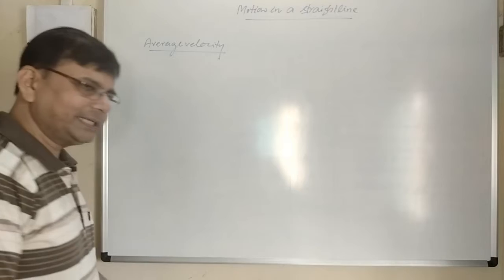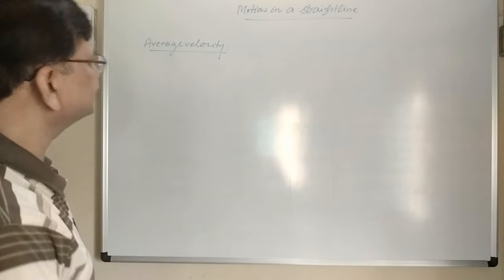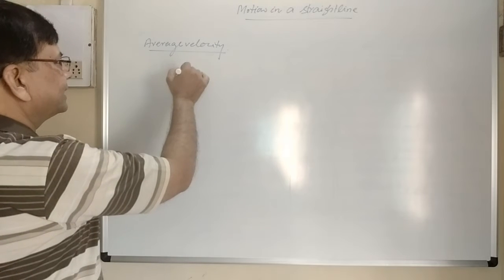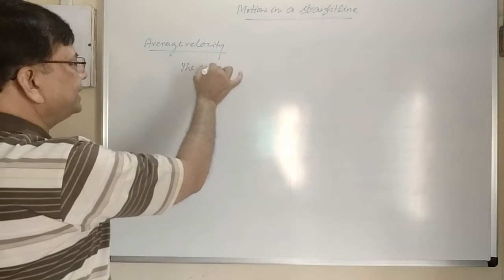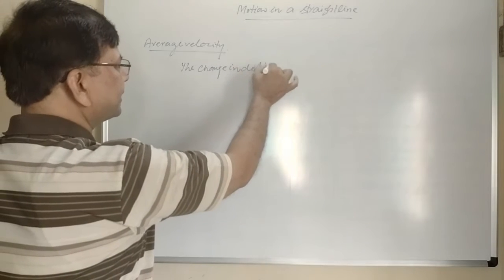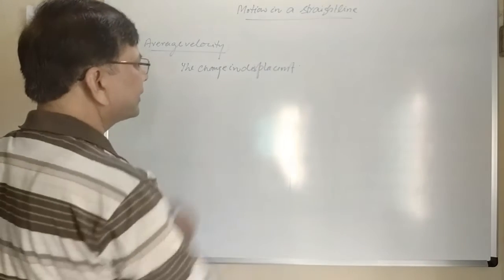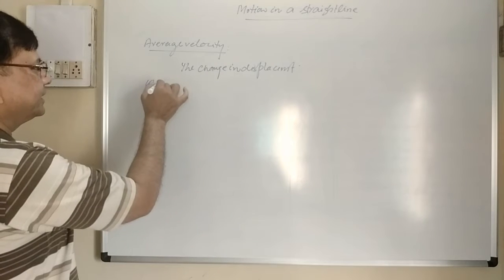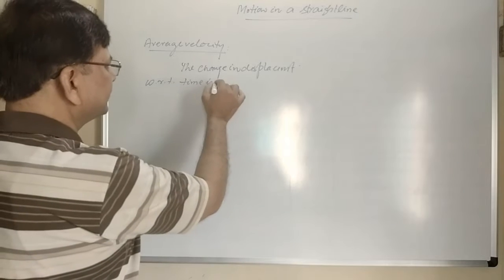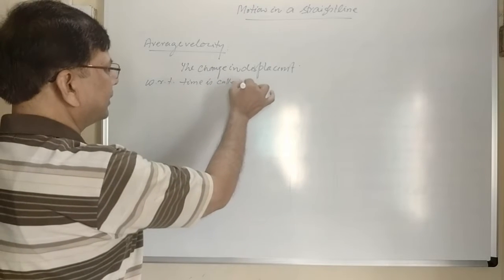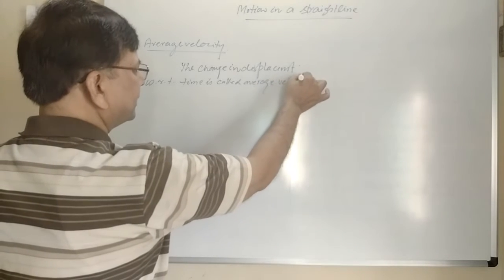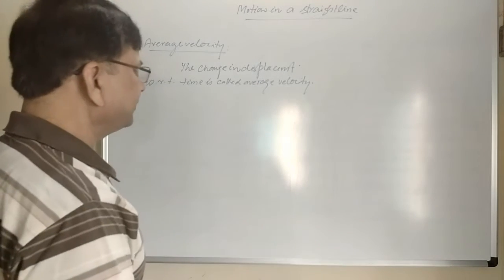So average velocity is defined as the change in displacement with respect to time is called average velocity. Means what?